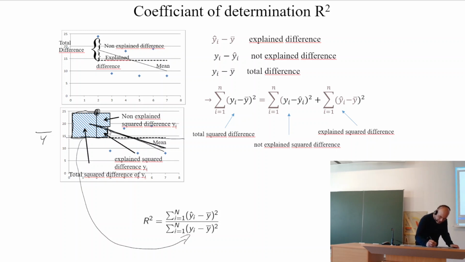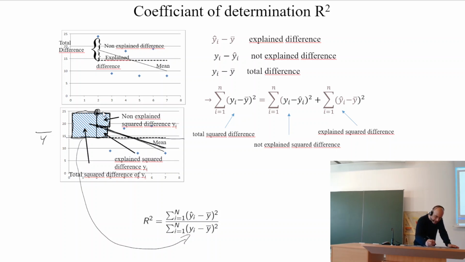And this area here, this area here, this is the sum. This is the area of the actual data point with respect now to our regression line.